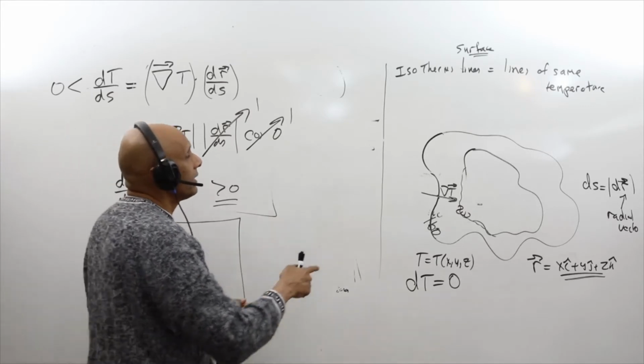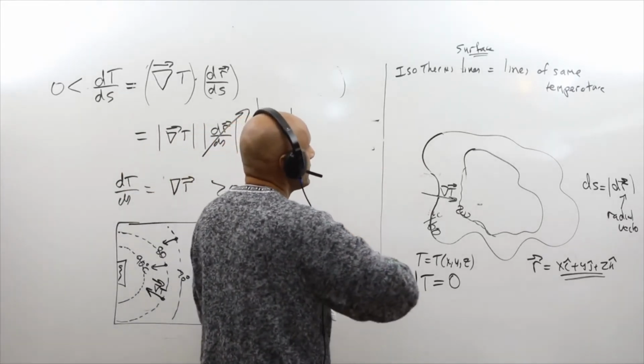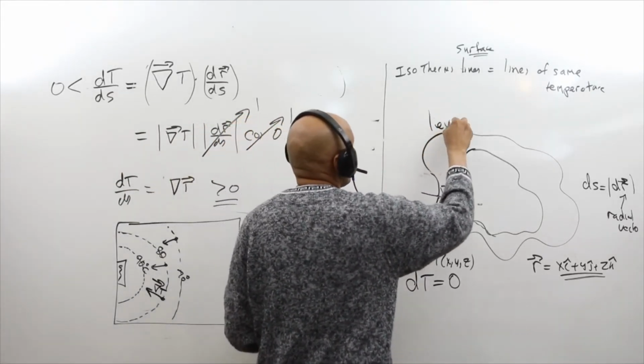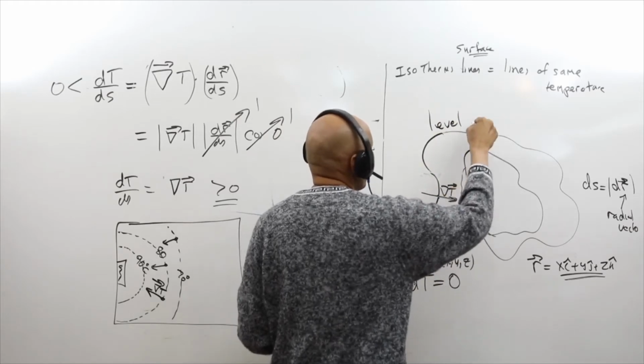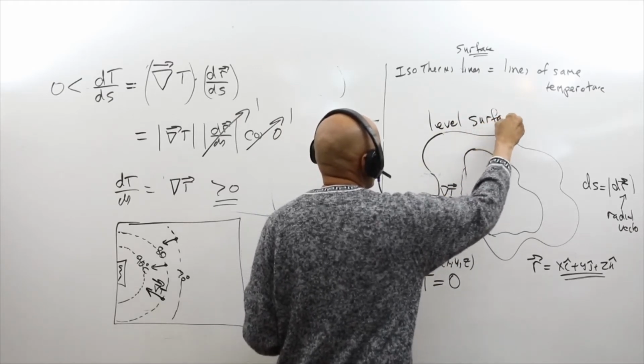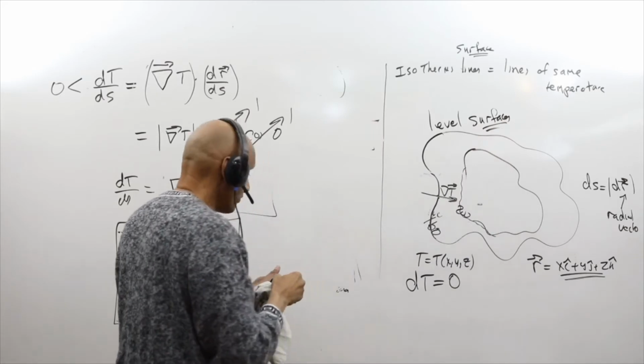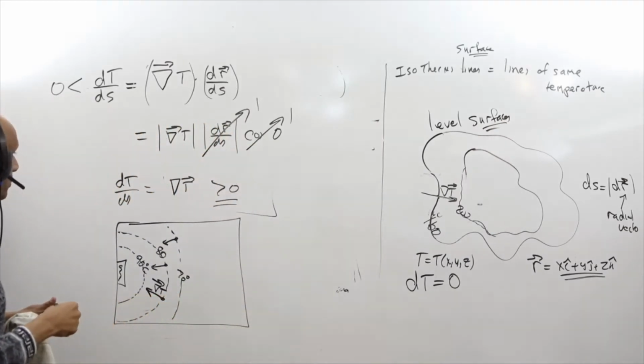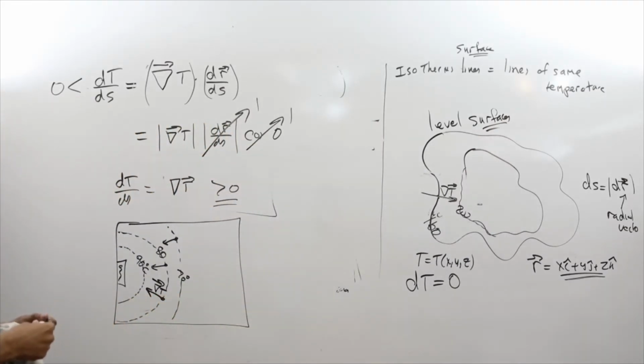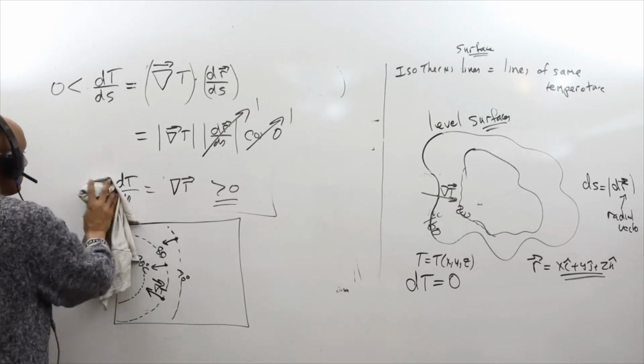These isothermal lines are sometimes referred to as level surfaces. In this case, it was level lines, but sometimes referred to as level surfaces. So hopefully you got a rough idea what it means to take the gradient of a temperature field.